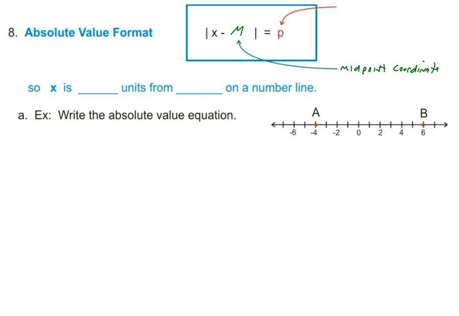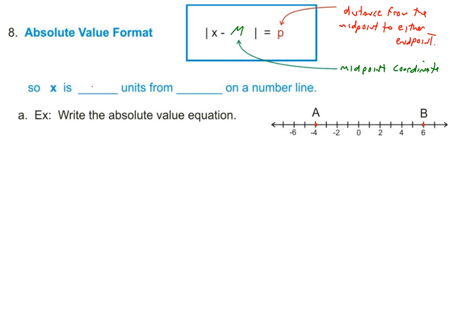All right, P is the distance from the midpoint to either endpoint.